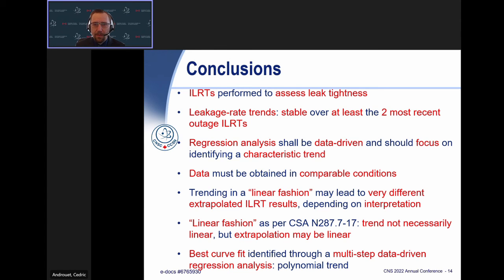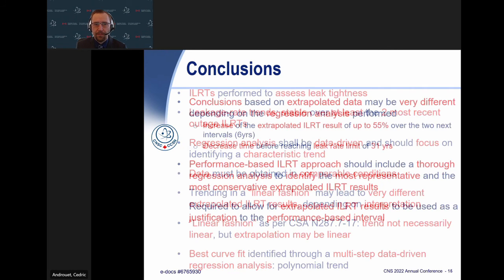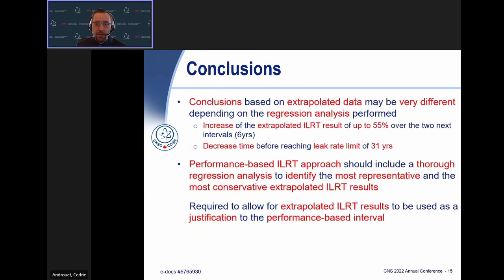In this example, a multi-step data-driven regression analysis has shown that the curve fit that ended up being the most representative of the past ILRT results was not a linear trend, but a polynomial one. So the conclusions drawn based on the extrapolated data may be very different depending on the regression analysis performed.